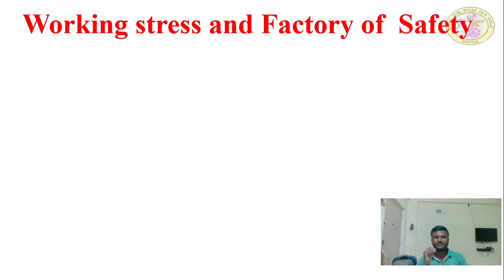And why is the factor of safety required for a material? What is meant by factor of safety?